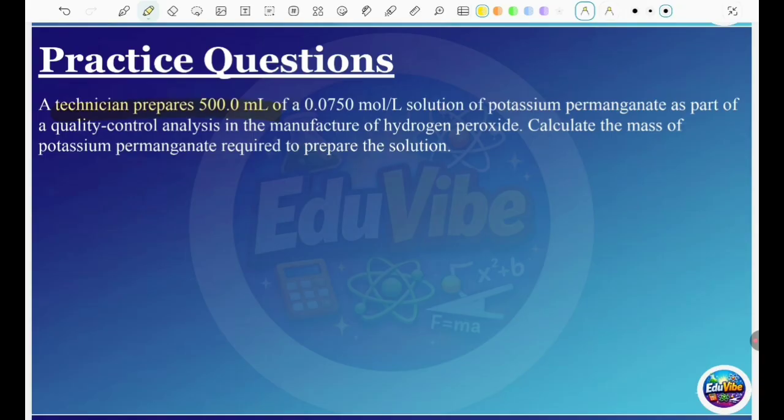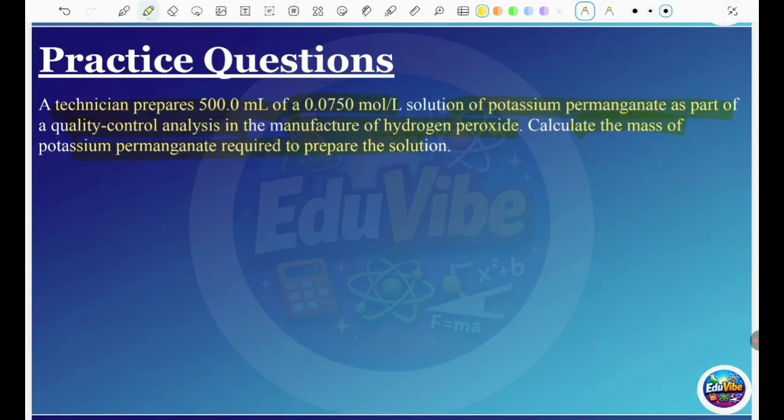A technician prepares 500.0 ml of 0.0750 moles per liter solution of potassium permanganate as part of a quality control analysis in the manufacture of hydrogen peroxide. Calculate the mass of the potassium permanganate required to prepare the solution. So in this, you have to calculate the mass.